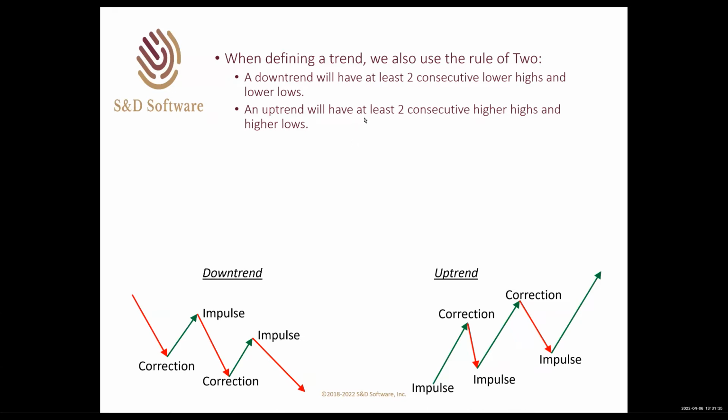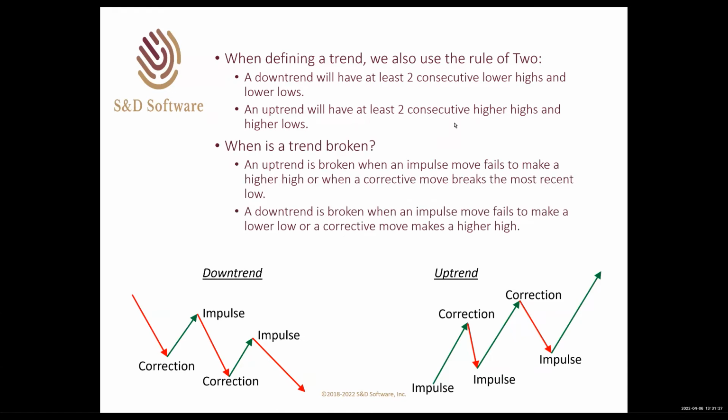So now that we've defined the trend, when is the trend broken? Well, the trend is broken when the pattern's broken. So if we have an uptrend, again, the pattern is higher highs and higher lows. So how would we break this pattern? Well, you can have an impulse move that doesn't give us a higher high.